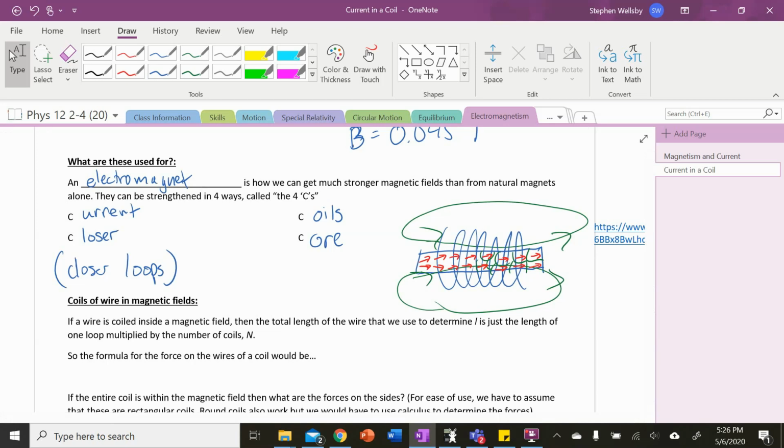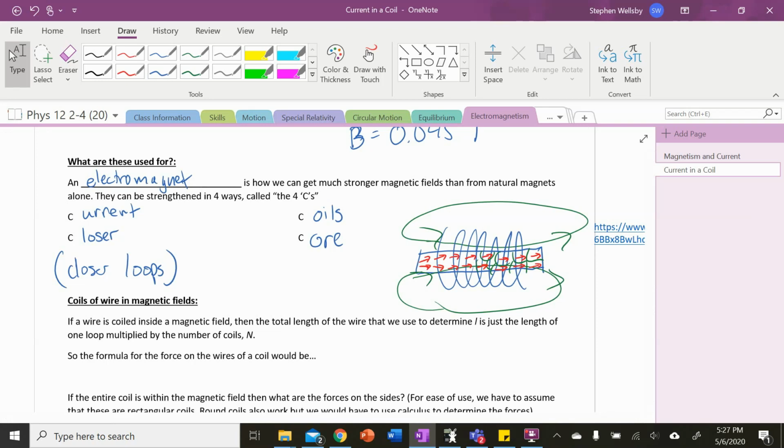Okay, so when we're talking about this unit, it can be a bit confusing because both of these ways that we deal with current, it's a reversible phenomenon is what I'm trying to say. We saw last week that if we put current in a wire, that creates a magnetic field.